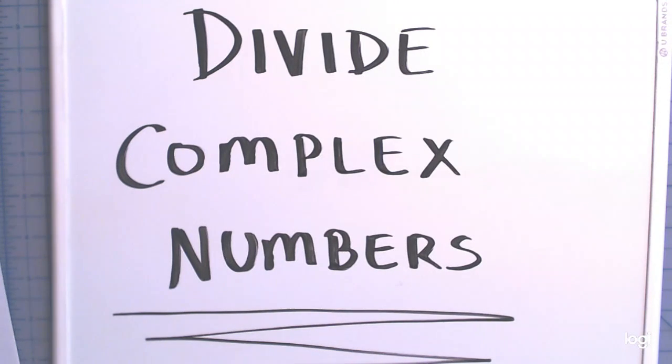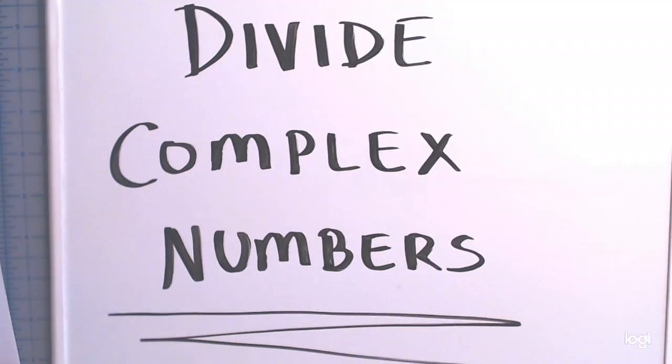I put out videos before on rationalizing a denominator with one radical term and with two terms, right? And when we rationalized those denominators with two terms, we multiplied the numerator and denominator by the conjugate. So again, this is very similar to that. I've just got a couple examples.